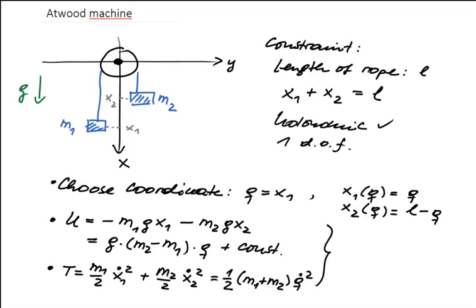So taken together, we have the Lagrange function as a function of q and q dot.